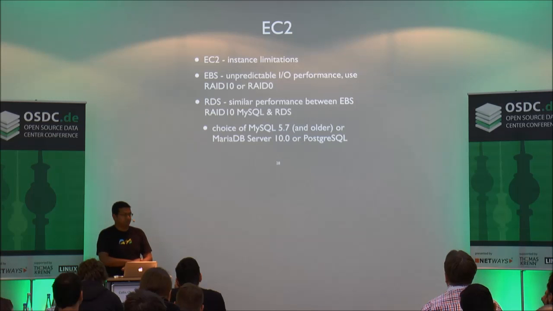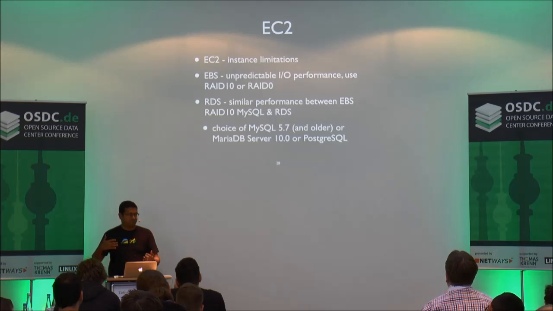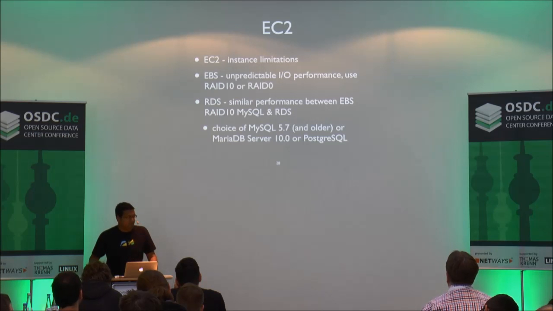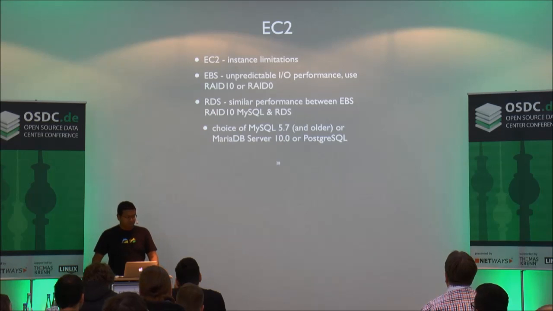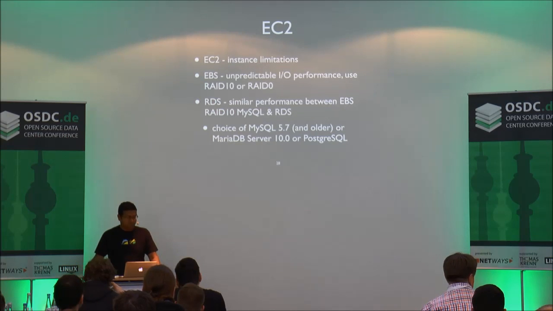Today, RDS, of course, now gives you MySQL 5.7, 5.6, 5.5. It also gives you MariaDB Server 10, but not 10.1 or Postgres. But you may want to run Percona Server or some modern version of MariaDB 10.1, for example, and none of this is available in RDS.